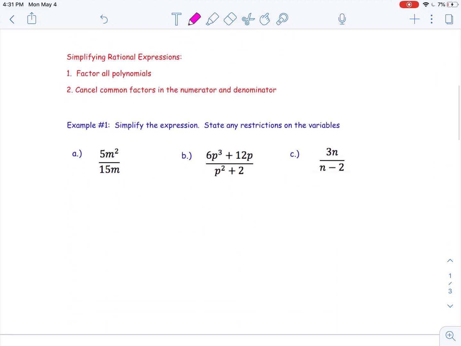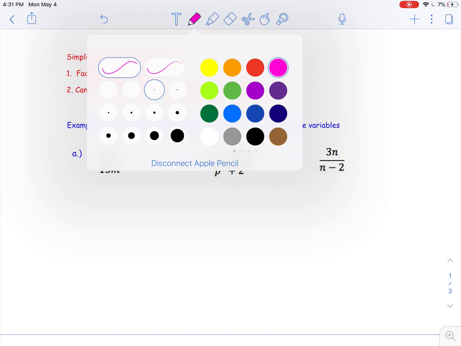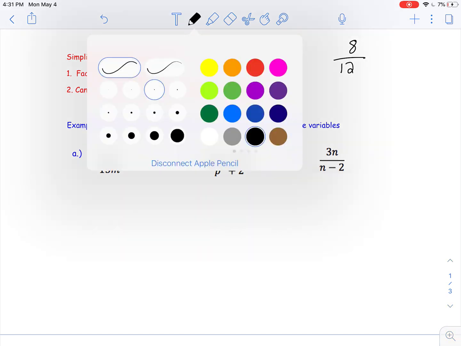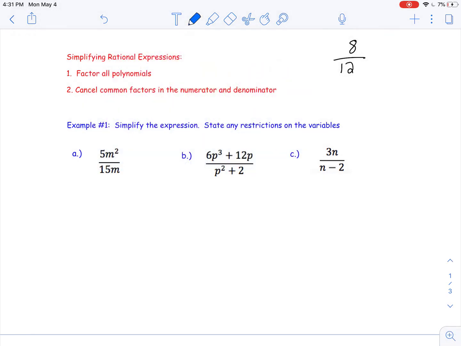So the steps for doing that: the first thing you want to do is factor. You want to factor the polynomials on top and bottom, and then cancel like terms. Let's look over here and think about just real numbers. If I gave you 8 over 12 and asked you to factor the top and bottom, you would say 8 is really 4 times 2, and 12 is really 4 times 3.